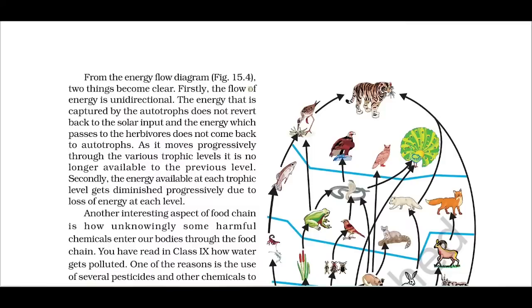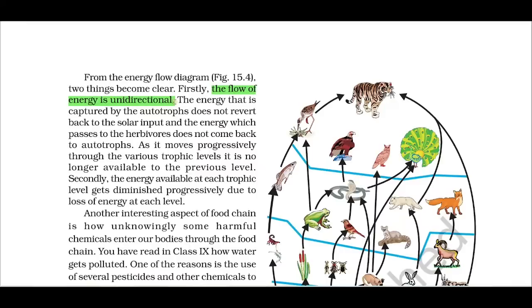And also you should know that the flow of energy in the trophic levels is unidirectional. The flow of energy from one trophic level to another trophic level is what? It is unidirectional. That means the energy captured by the autotrophs does not revert back to the solar input.